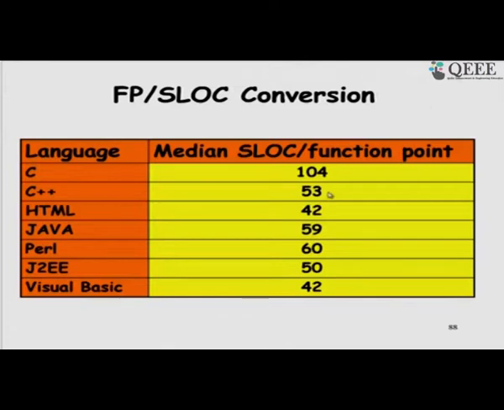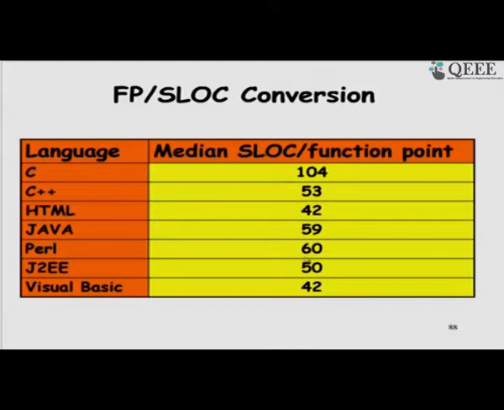But then can we have some way to convert function points to lines of code? There have been a lot of research and publications available on experimental observation regarding how many lines of code one function point transforms to. This is one result that I am showing.